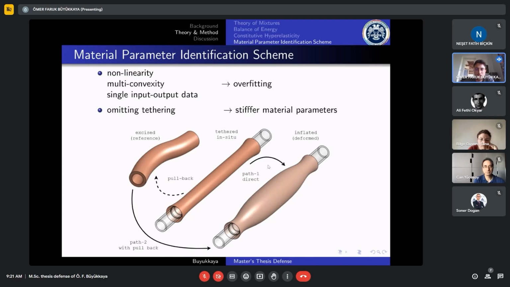So they seem to follow the direct optimization or direct identification procedure following path 1.